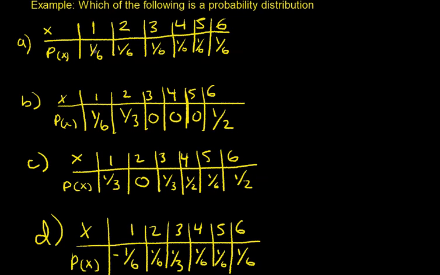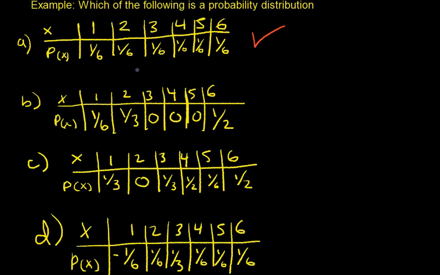Is the sum of all the probabilities equal to 1? Yes, right? If you were to add up all these probabilities, 1/6 plus 1/6 plus 1/6 plus 1/6 plus 1/6 plus 1/6, you sum them up equals 1. Next criteria, are all of these probability values between 0 and 1? Yes, they are. Okay, so this is a valid probability distribution function.